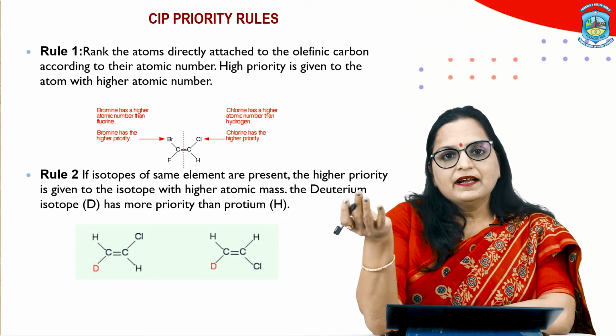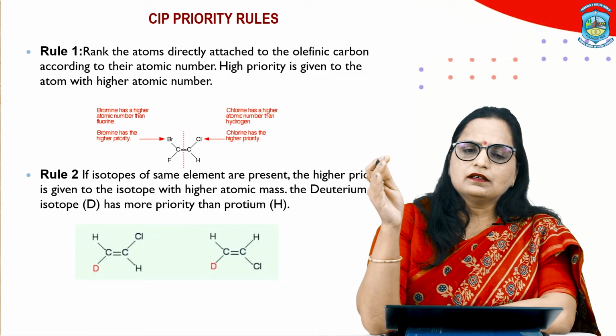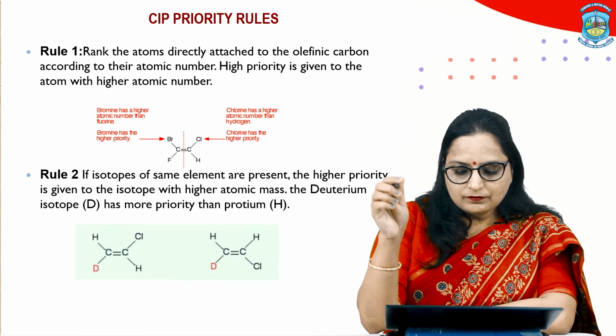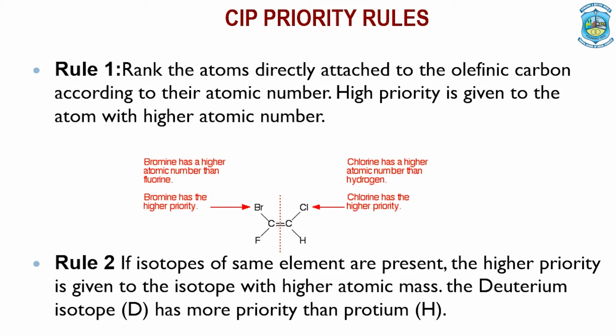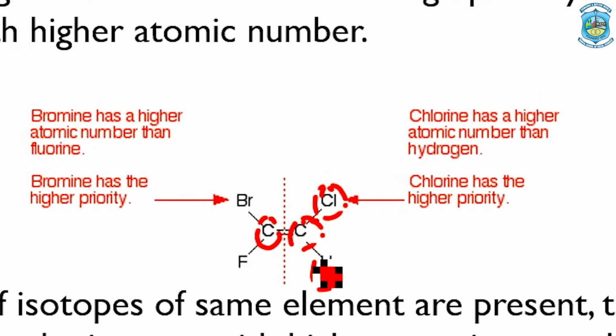Now, what are the priority rules? The very first question is, we need to understand what the priority rules are. So, rule 1 says that, as you can see in the structure, each carbon double bond carbon has two substituents attached to it. On the left hand side carbon we have bromine and fluorine, and on my right hand side carbon are chlorine and hydrogen.